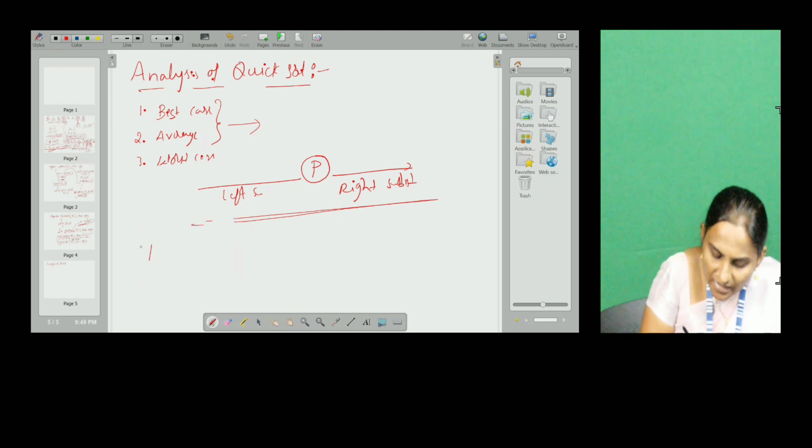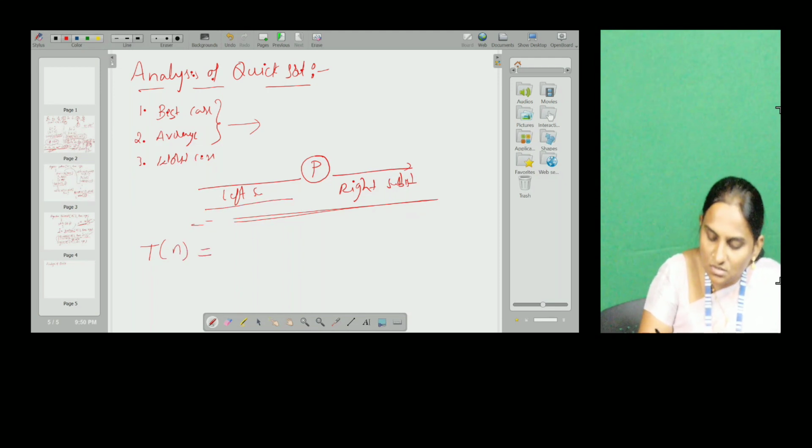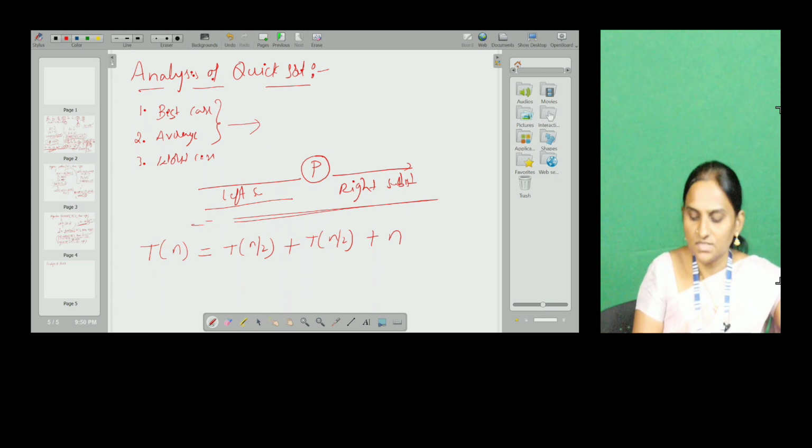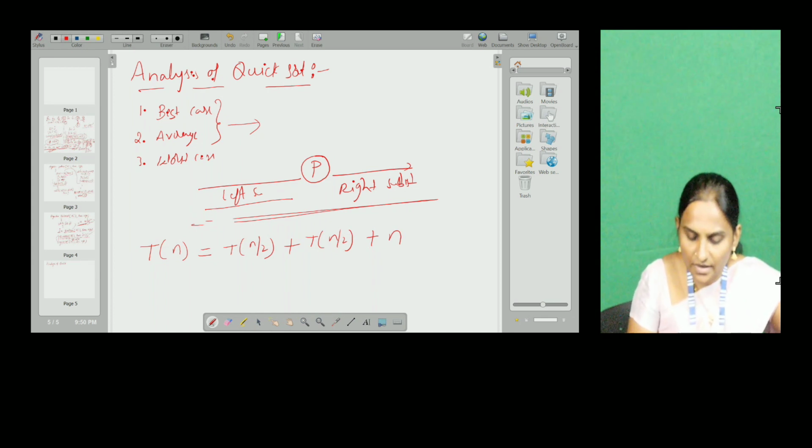So the total time complexity of n elements equals, for the left sublist, T of n by 2, for the right sublist, T of n by 2, for the partitioning, n. So this is the recurrence relation for the best case and average case time complexity of QuickSort.